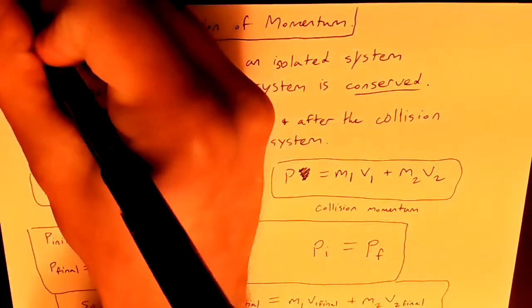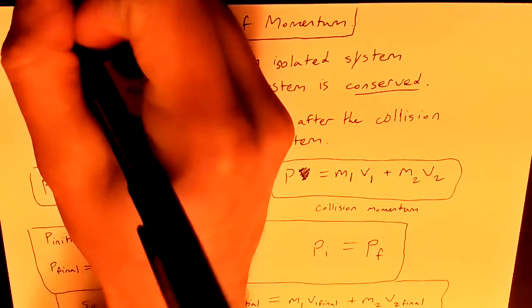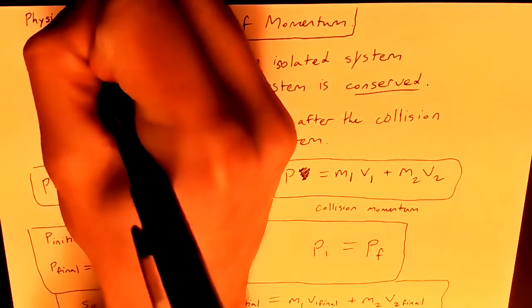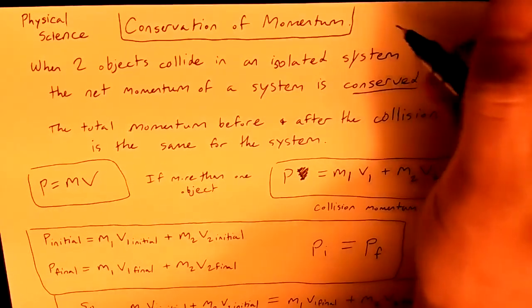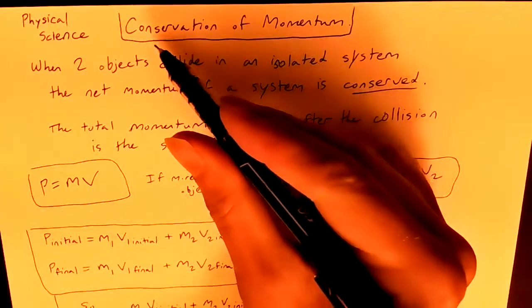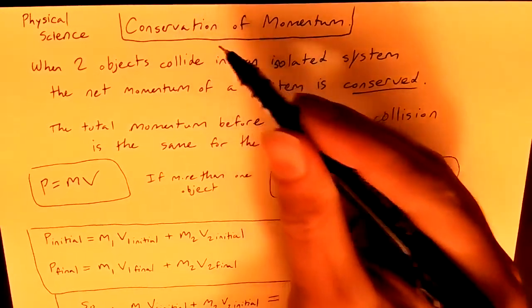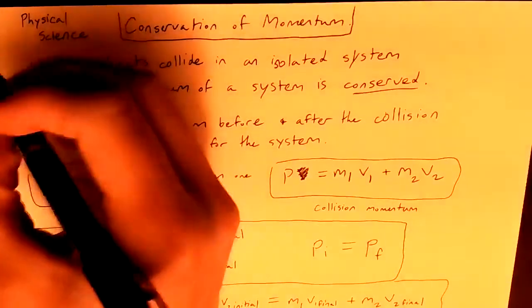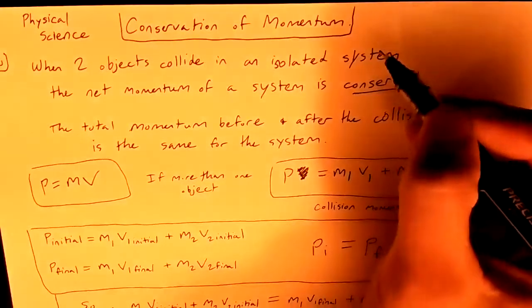And we're going to talk about the conservation of momentum. We talked about collisions last time, and we're going to talk about how momentum is conserved in these collisions. So this is the law of the conservation of momentum.